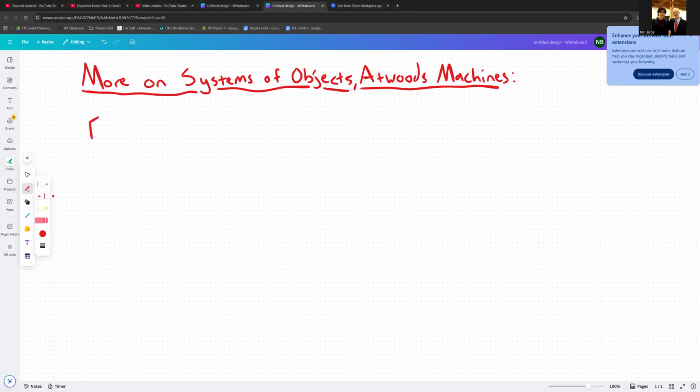So for any system of objects, keep in mind from last time, a system of objects would be like two or three things that are often connected in some way, like they might be tied together with a string, or three blocks that are stacked on top of each other.